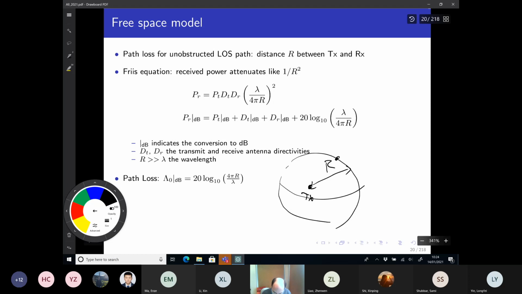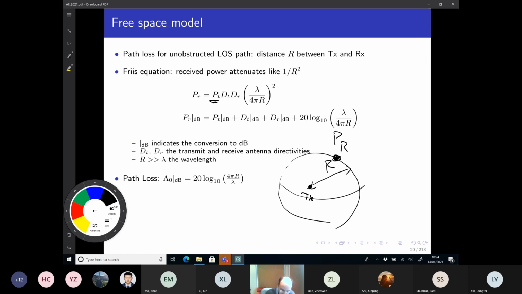So I transmit something with a certain power, PT, and what I receive at my receiver here is a certain power, PR. But because I blasted energy isotropically all around that sphere, I will collect only a fraction of that energy at the receiver.